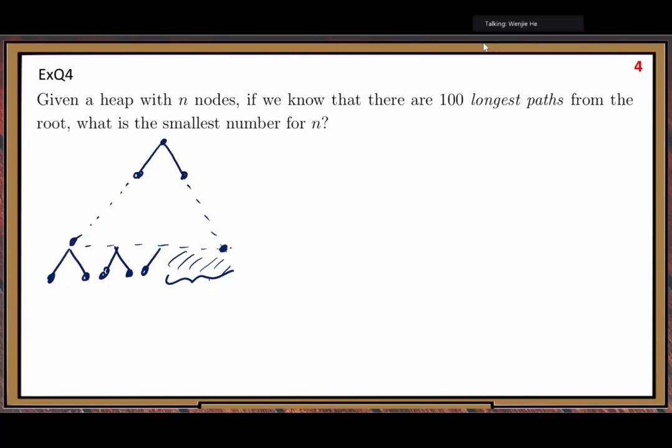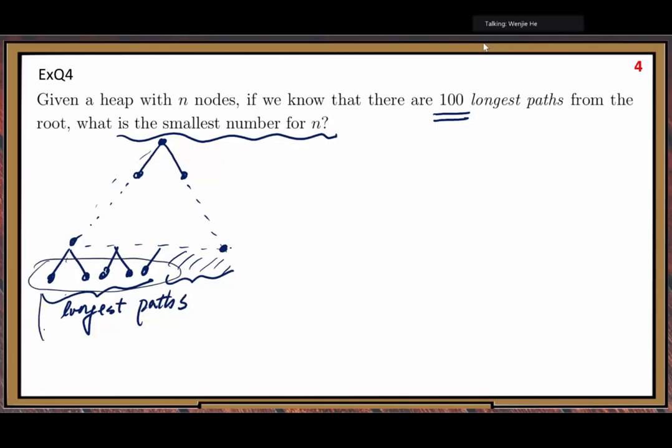Now we need to find the smallest number such that there are 100 longest paths from the root. You can see the longest path from the root to the bottom corresponds to the bottom level, right? So the nodes at the bottom level correspond to the longest paths. That means the number of nodes in that part is 100.